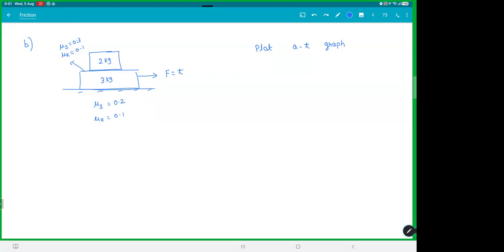Yeah, that's there. But when you draw the graph, you'll see something weird. Yeah, they move separately, but how? Let's see.